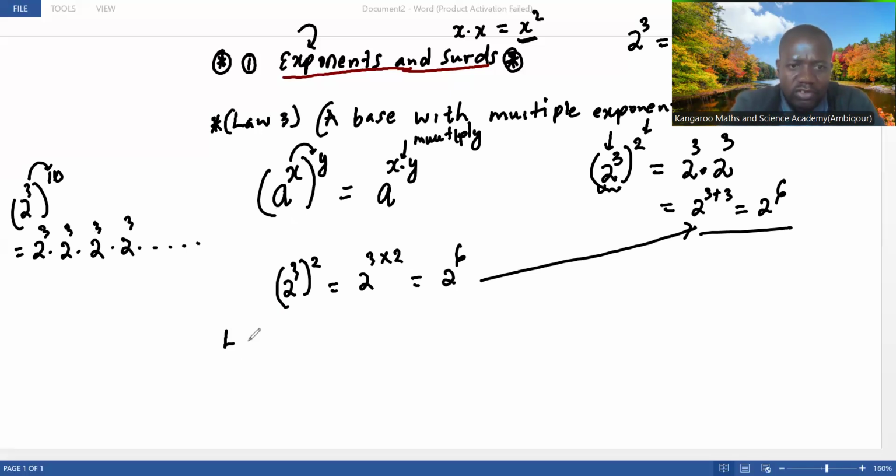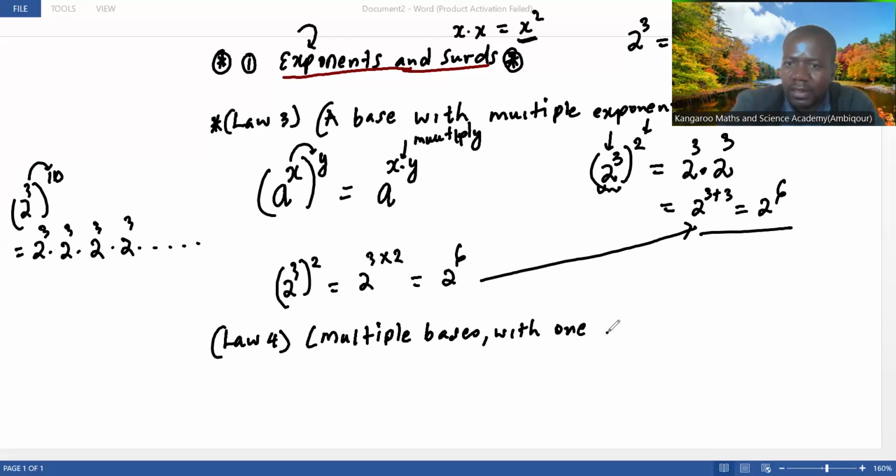Then we also have law number 4, which says you have multiple bases. This time around, you have multiple bases with one exponent. So I believe you understand. Let's say you have A and B, these are the bases, but all to the power of n.